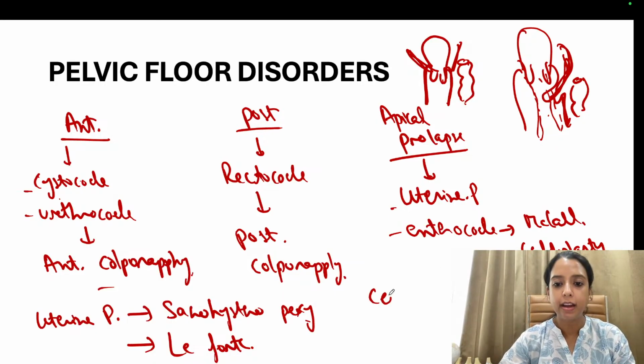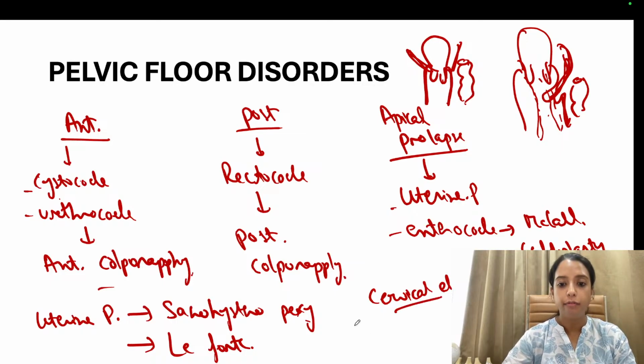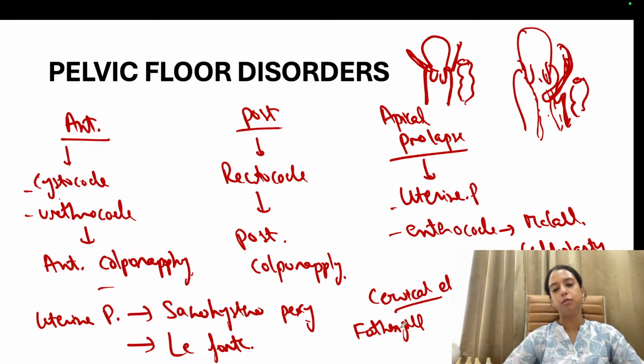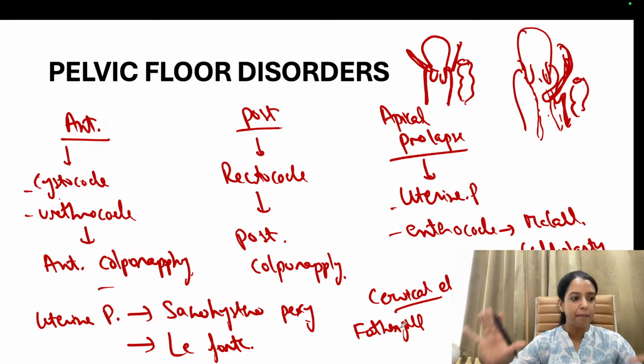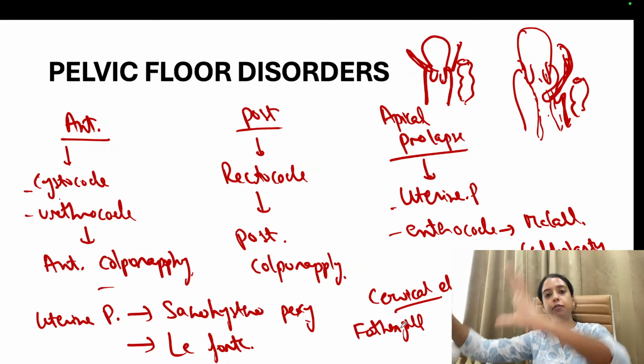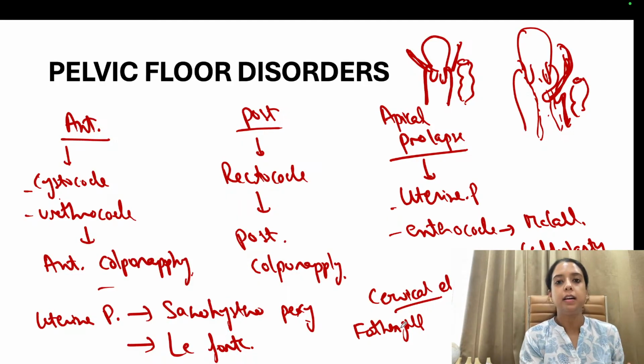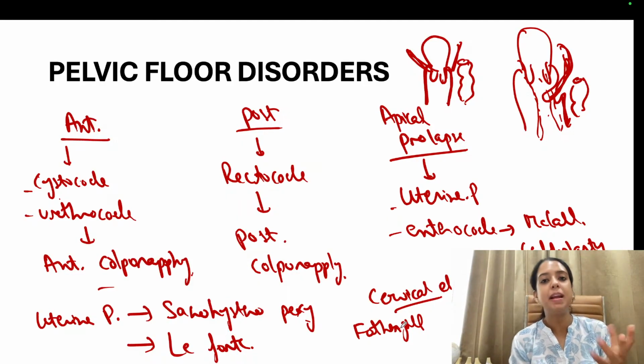For cervical elongation, you do Fothergill. So Fothergill is not for uterine prolapse. Everything has its own purpose. Culdoplasty is for enterocele, and sacrohysteropexy and many sling procedures.